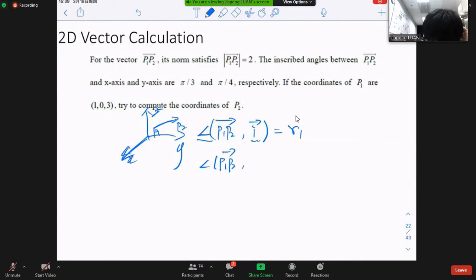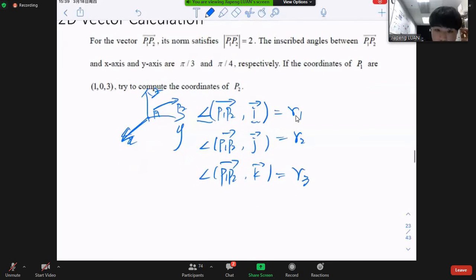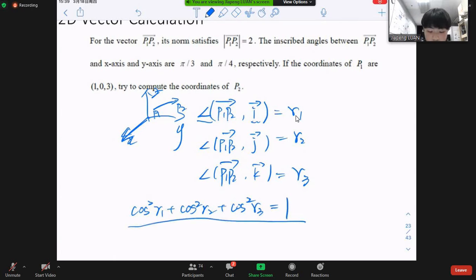Also, you have the angles with J and K, gamma 2 and gamma 3. One equation you need to know is that cosine gamma 1 square plus cosine gamma 2 square plus cosine gamma 3 square is actually 1. This is the equation you need to know.